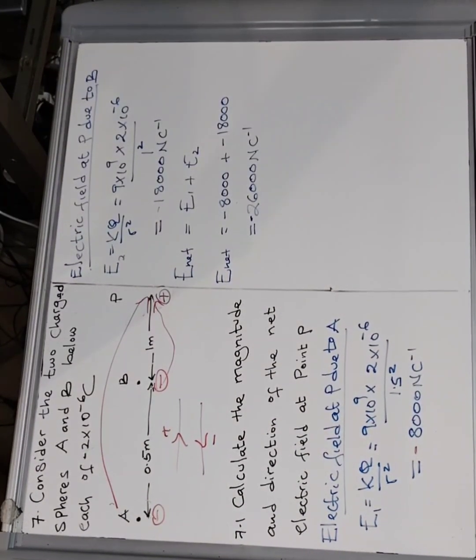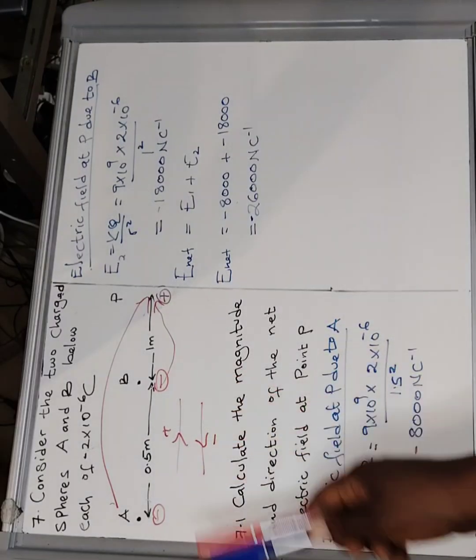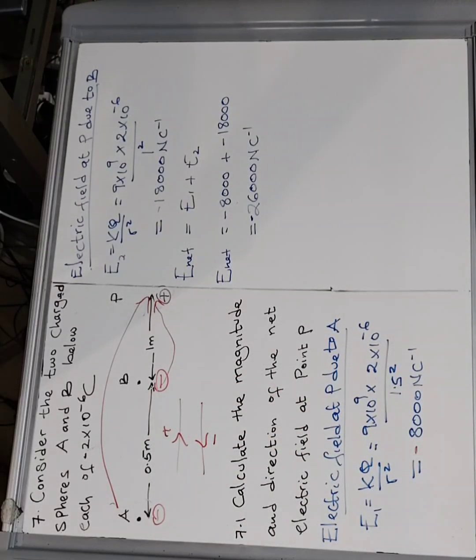After substitution, that is what we get: negative, actually, 26,000 newton per coulomb. What does the negative imply? It implies to the left. So you can drop the negative and simply say 26,000 newton per coulomb to the left. So there we are.